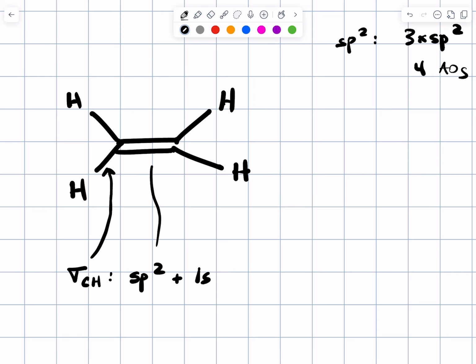The carbon-carbon sigma bond comes from overlap of an sp2 orbital on carbon with an sp2 orbital on the other carbon. And for each carbon, we can check off the 3 sp2 orbitals involved in those 3 sigma bonds. And then lastly, we have the pi bonding orbital, and where does that come from? Which 2 atomic orbitals contribute to the carbon-carbon pi bond? The p orbital, 1 on each, right?